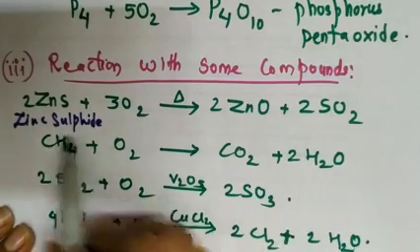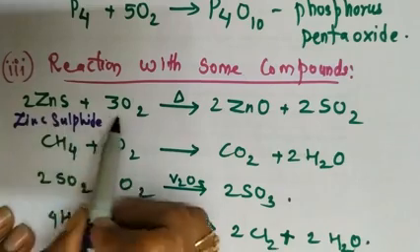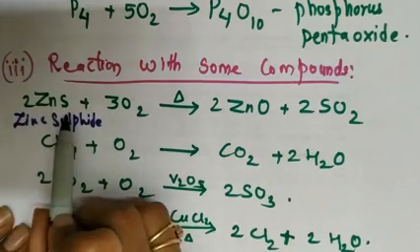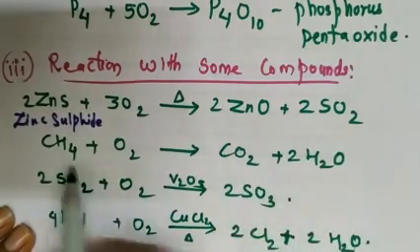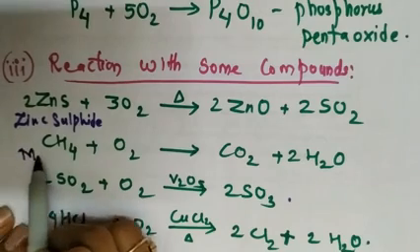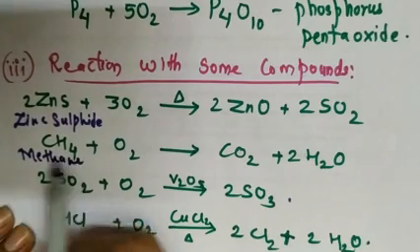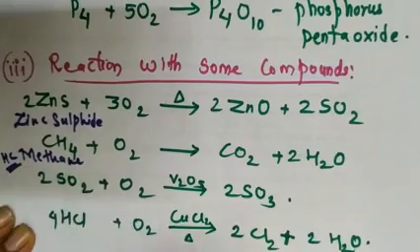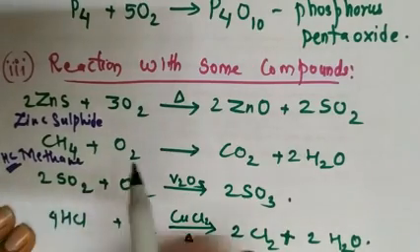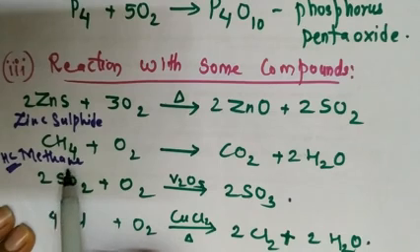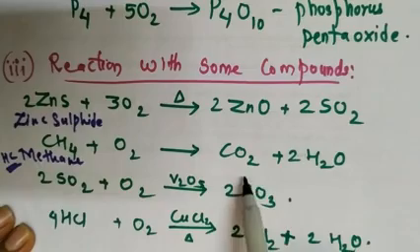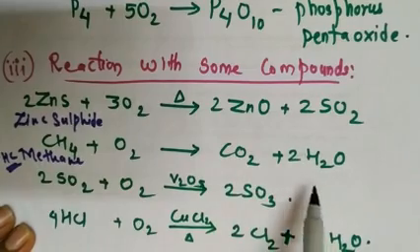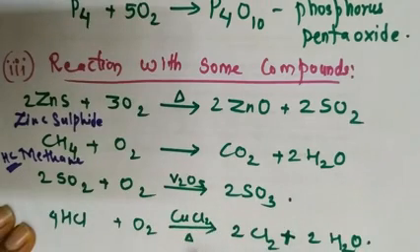Both the members are reacting with oxygen, zinc also and sulfur also. Next is methane. Any hydrocarbon you can take, but the simplest I am taking here is methane. When it reacts with oxygen, it forms CO2, carbon dioxide, and water.